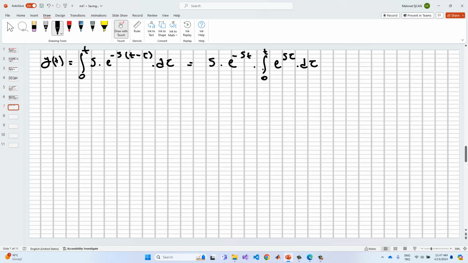Then we can solve this equation: y(t) is 5 times e^(-5t) times [e^(5 tau) divided by 5] from 0 to t. This is the integral term, and so we get the exponential term e^(-5t) times e^(5t) minus 1.